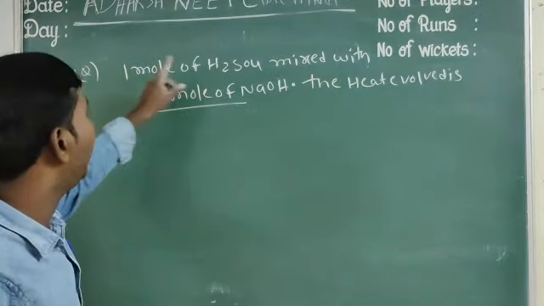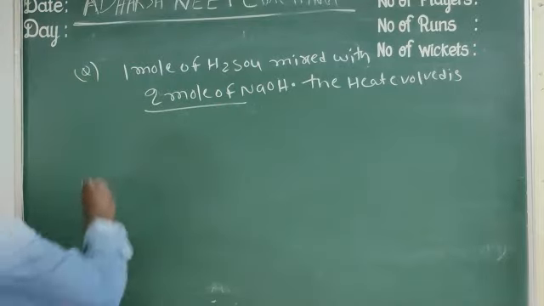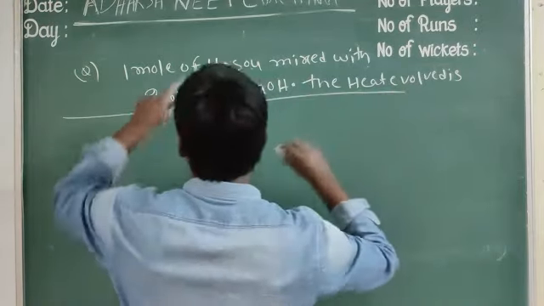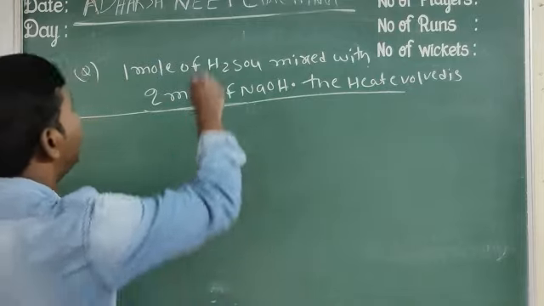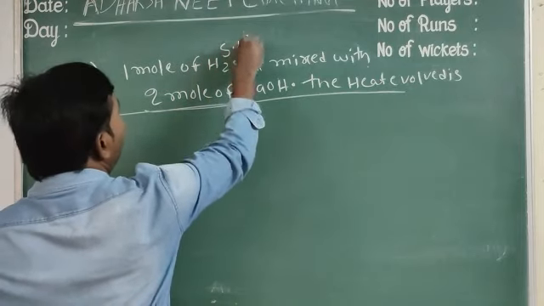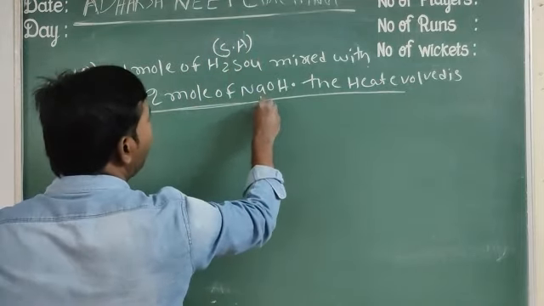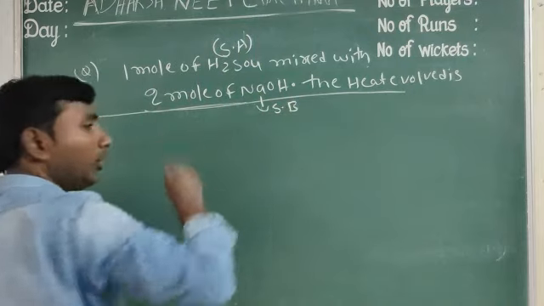Okay. Listen. What I say here: H2SO4 is a strong acid. NaOH is a strong base. Okay.